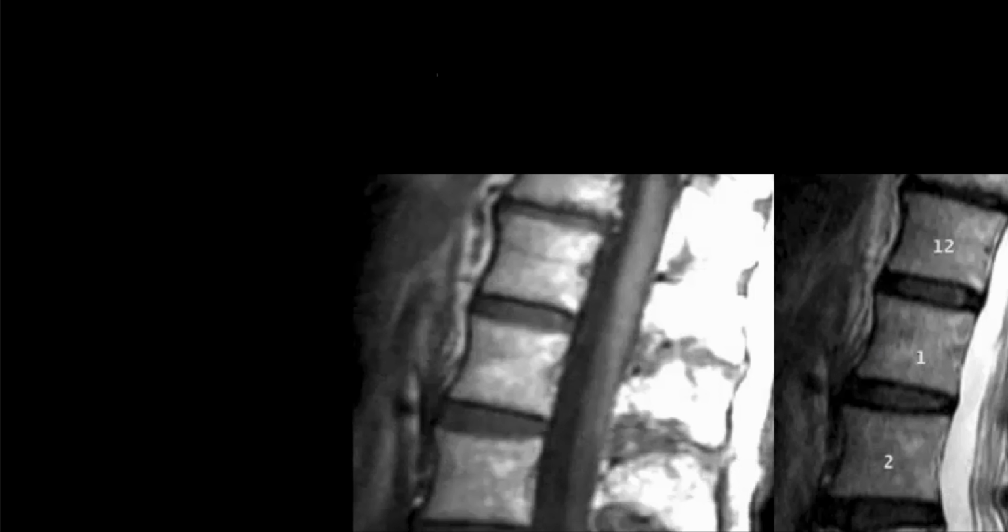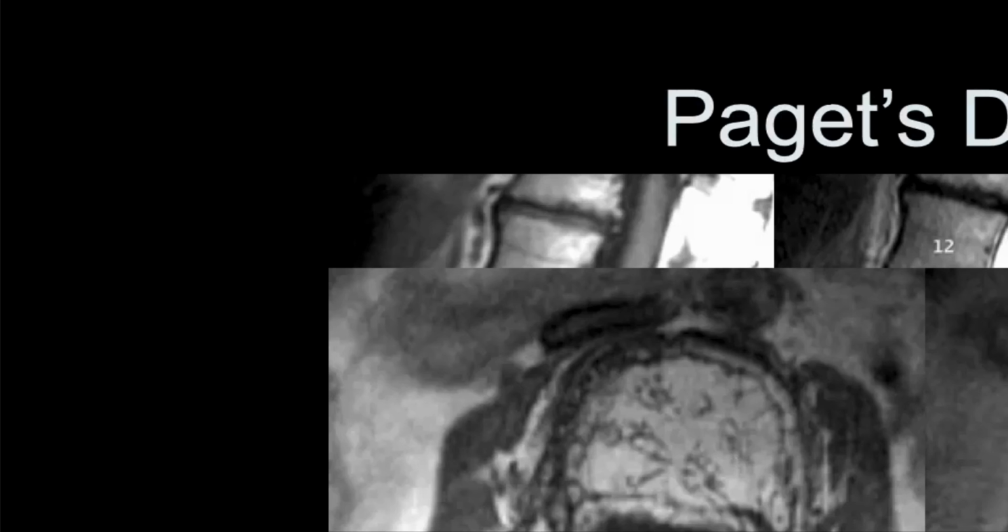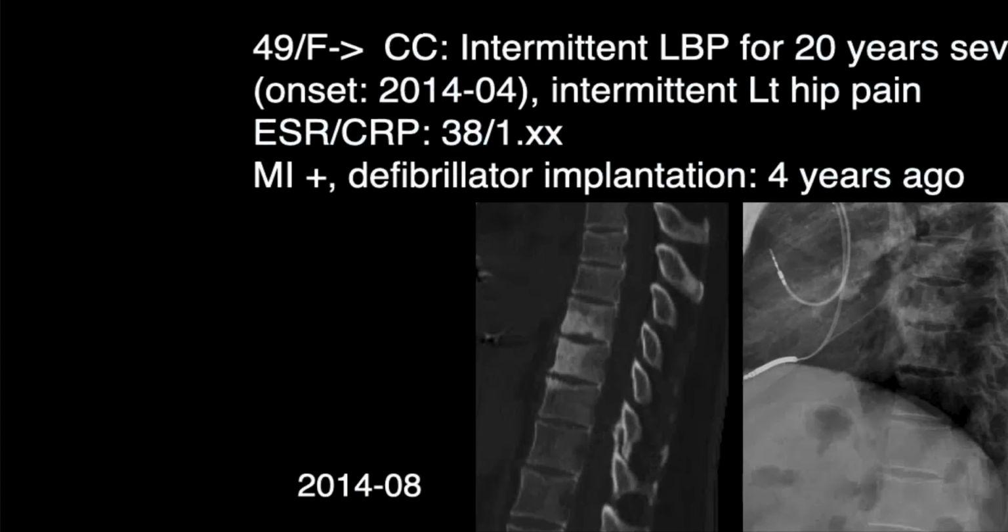And then here you can see those thickened trabeculae in the axial plane. So what's this, with that intense uptake in bones? Maybe fibrous dysplasia. I'm starting to think about fibrous dysplasia, but this happens to be Paget's disease.